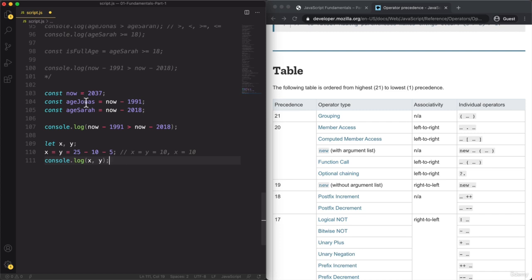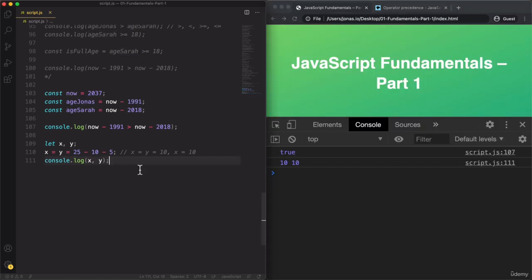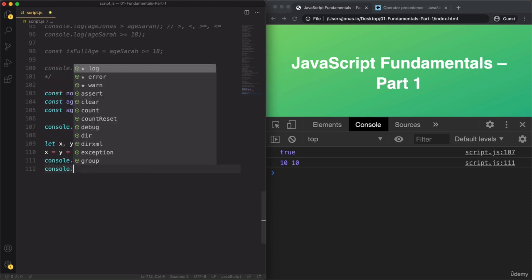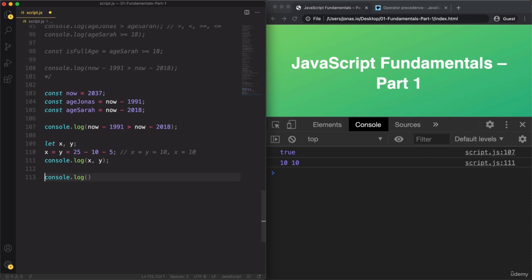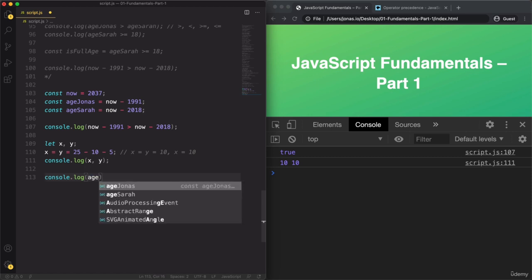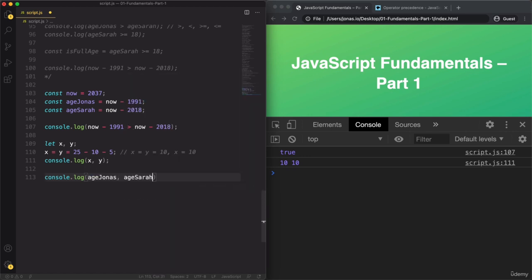So we have age Jonas and age Sarah. And so let's calculate the average age of these two people. So let's actually start by logging their ages to the console, just so we see. So age Jonas and age Sarah.